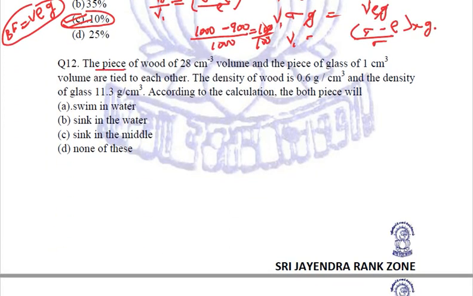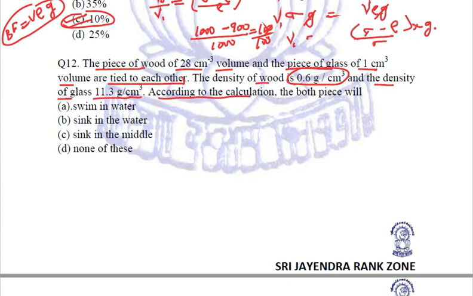A piece of wood of 28 centimeter cube volume and a piece of glass of 1 centimeter cube volume are tied to each other. Now the density of wood is 0.6 gram per centimeter cube and the density of glass is 11.3 gram per centimeter cube.